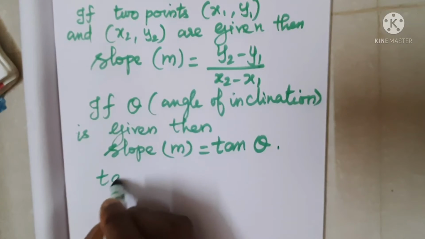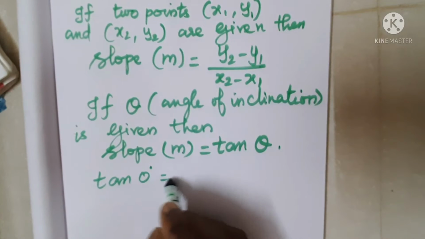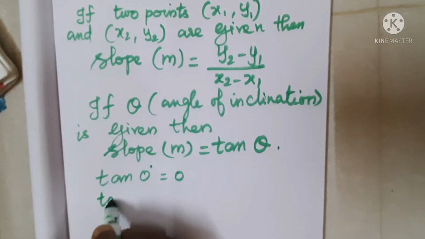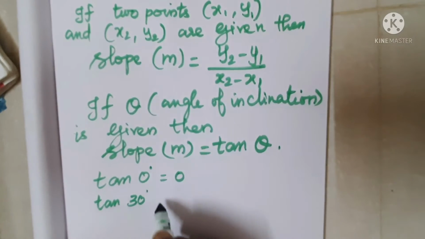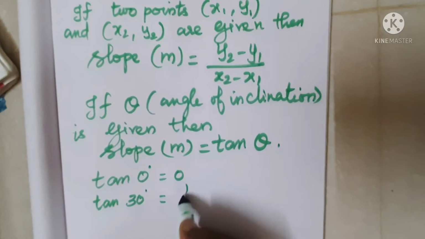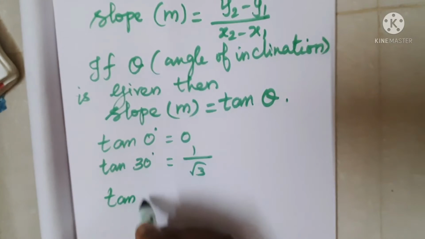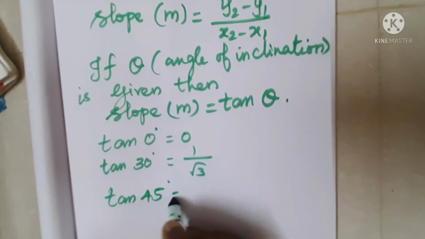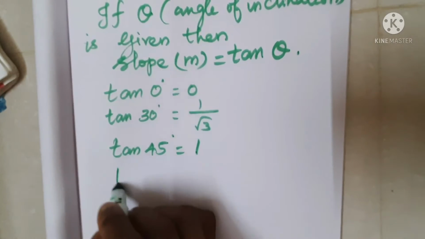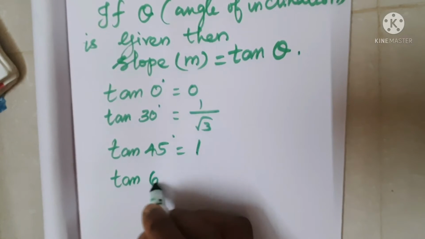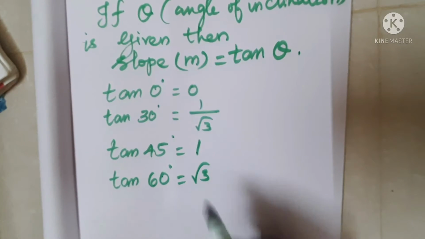So tan 0 degree is equal to 0. Then tan 30 degree is equal to 1 by root 3. Then tan 45 degree is equal to 1. Then tan 60 degree is equal to root 3.